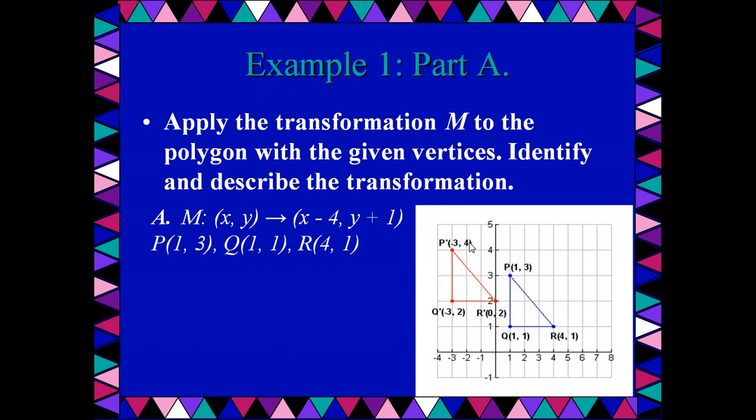So we have (negative 3, 4). Q prime then is (negative 3, 2), and R prime is located at (0, 2). This is a translation, 4 units left and 1 unit up.